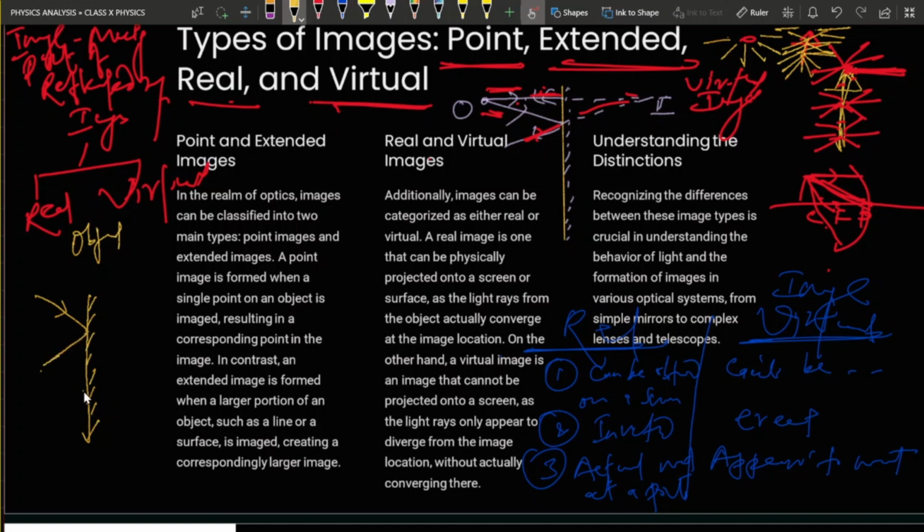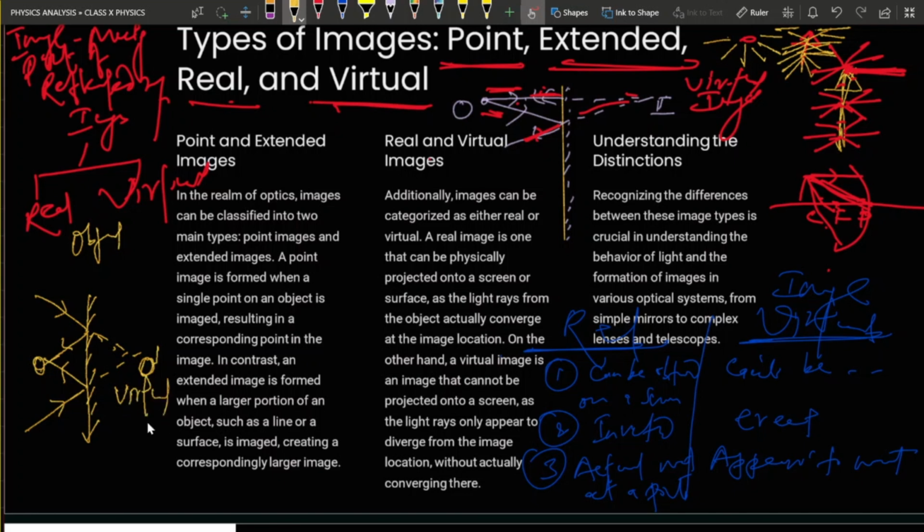One light ray is coming along this way also. After reflection, they meet. These incident rays appear to meet somewhere, and the meeting point of incident rays we call the object. But here, these two incident rays are not actually meeting, they are appearing to meet somewhere. So the object we see here you can consider a virtual object.